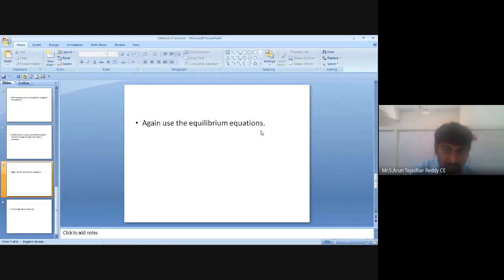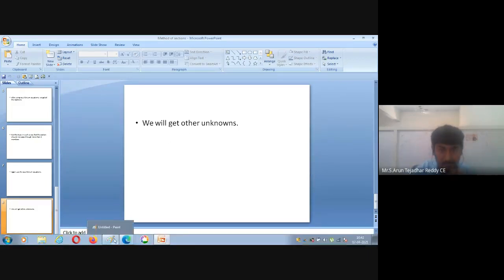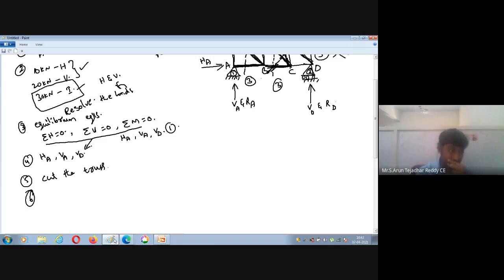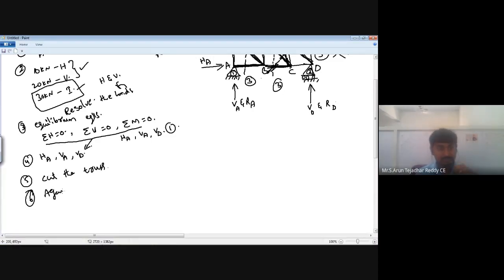Again use the equilibrium equations, then we will get other unknowns. Already we know that summation of horizontal force is equal to 0, vertical force is equal to 0, moment equal to 0.